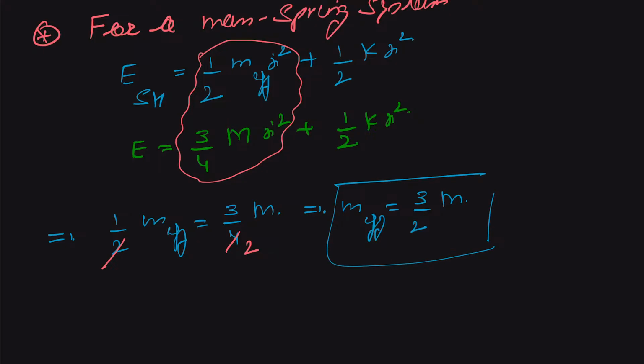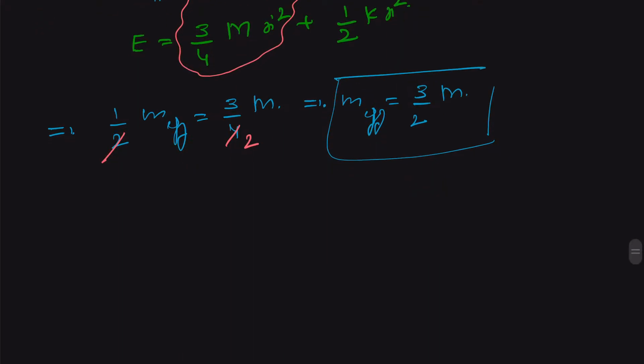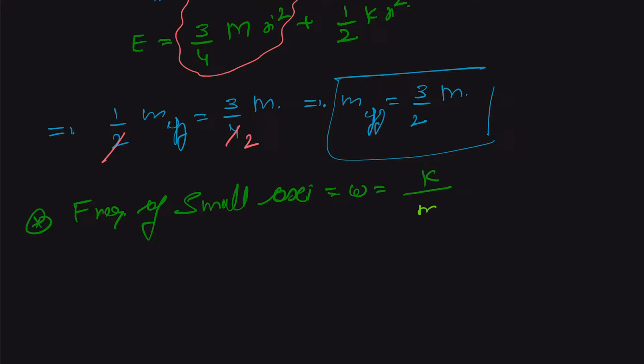Now we are supposed to find out the frequency of the small oscillation, and we know its standard formula. So you can say that our frequency of small oscillations, let us call this omega, will be equal to the square root of k upon effective mass.